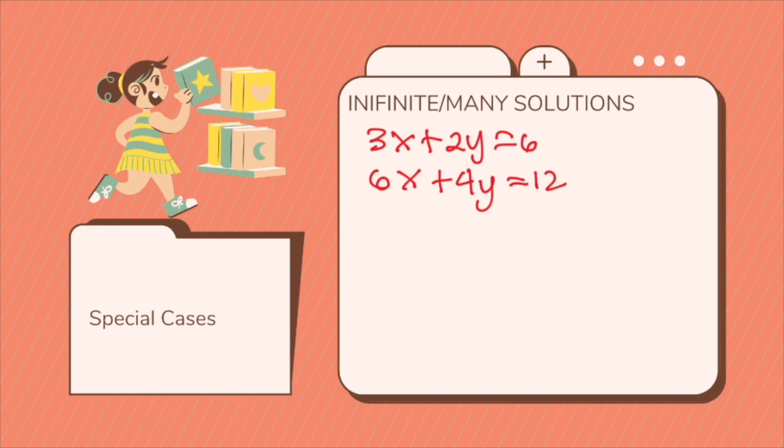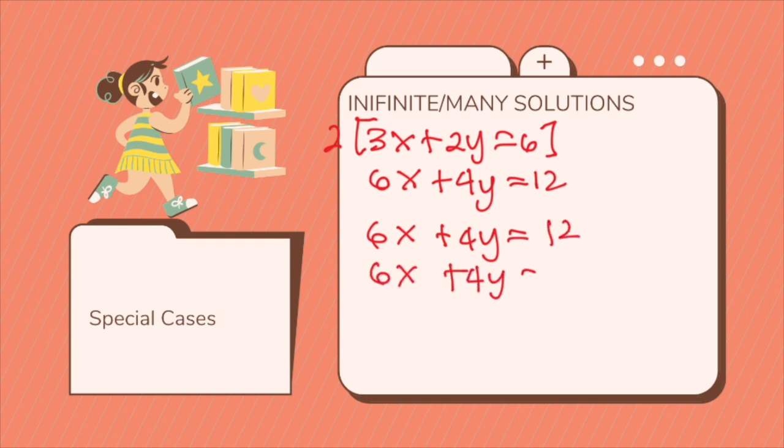So you can do elimination by multiplying this with 2. That will be 6x plus 4y equals 12, and this will also be 6x plus 4y equals 12.